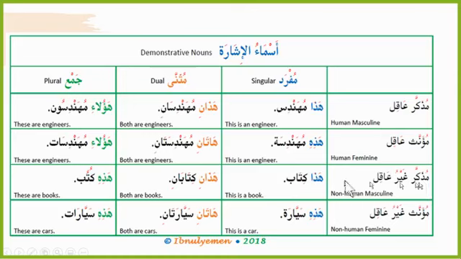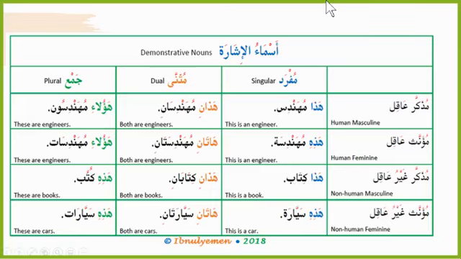But for something that is not human, it's an item basically. In English we would just say it, but in Arabic we would say هذا or هذه. In Arabic, there's never going to be an it. It's either going to be he or she, even if we're talking about something that is an object and not a thinking item.